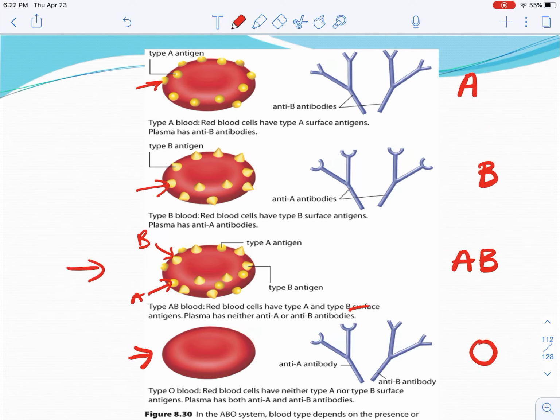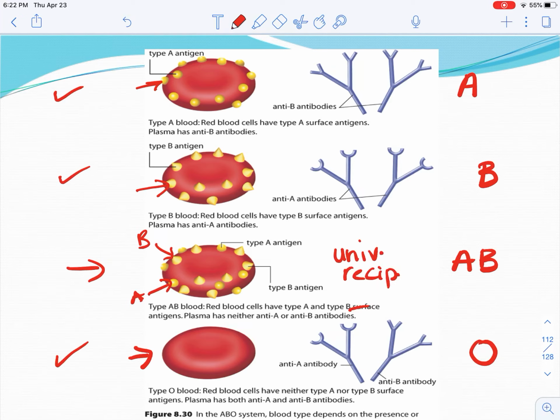Now, if you, on the other hand, are type AB and you have both possible types of antigen markers, you are okay with A's because you have those markers, you're okay with B's because you have those markers, and you'd be okay with getting O blood because they have no markers at all.